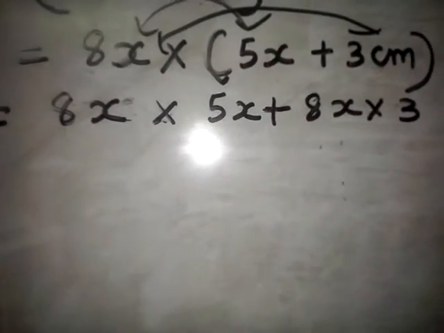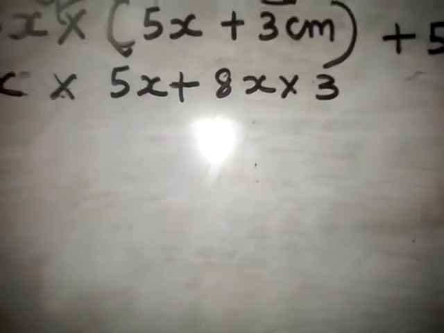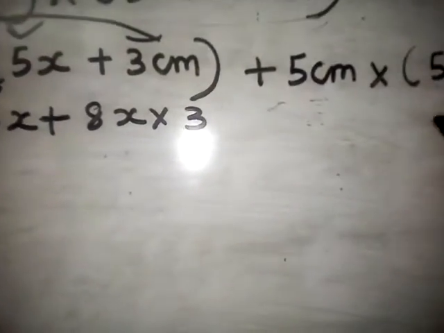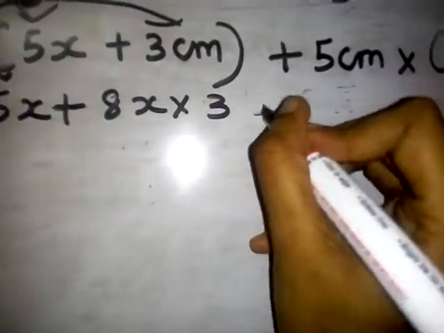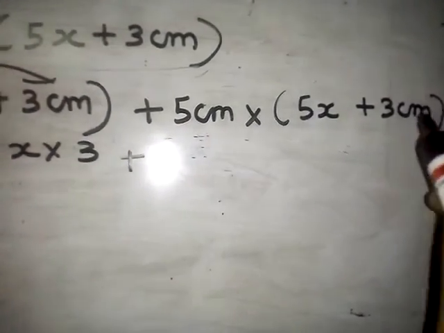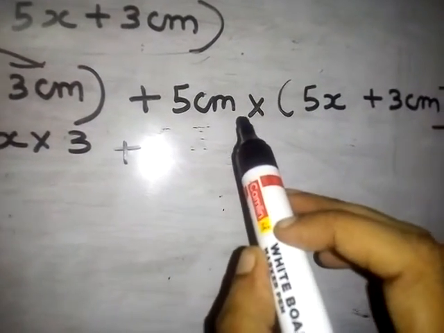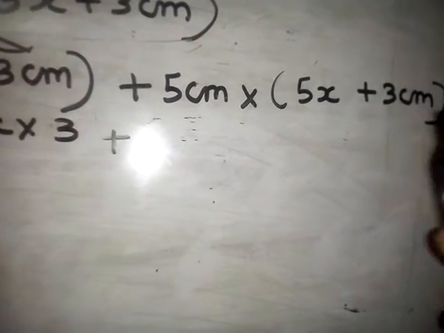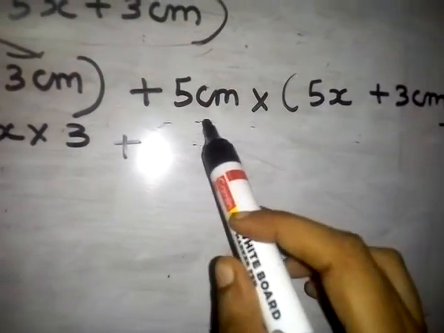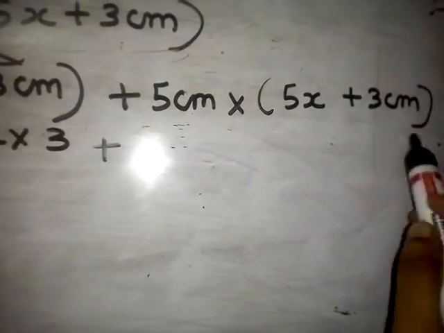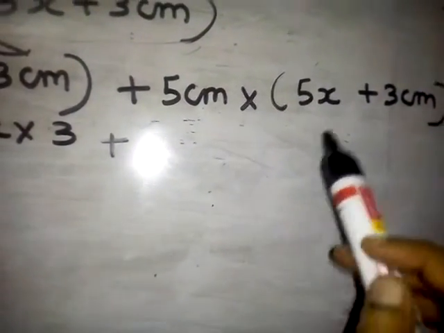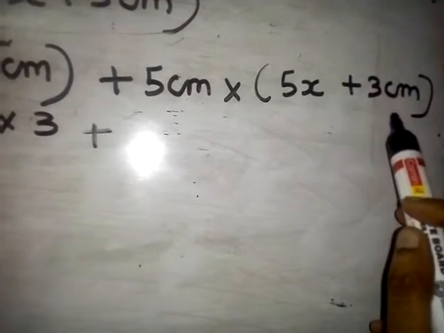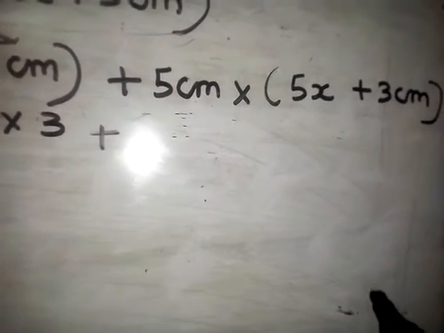Okay. Now we have to go through second term. In second term also you have to write A into B plus C formula. A into B plus C formula is A multiplied by B plus A multiplied by C. 5 cm is A, 5x is B and 3 cm is C. You have to consider that and use that formula.